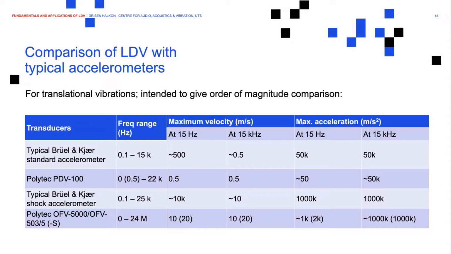So you can see that they're comparable in terms of the applications at each end of the frequency range, like the useful or interesting frequency range, which for human beings is between, say, around 20 hertz and 20 kilohertz.